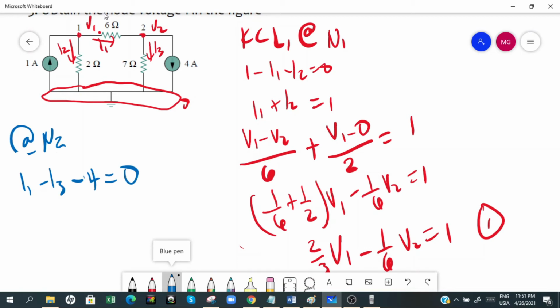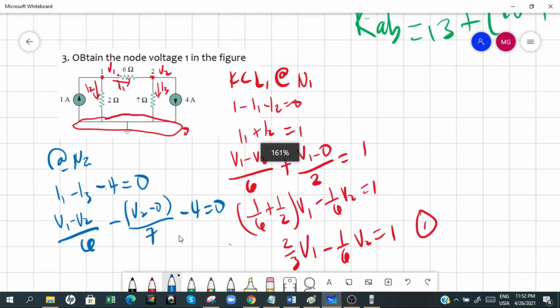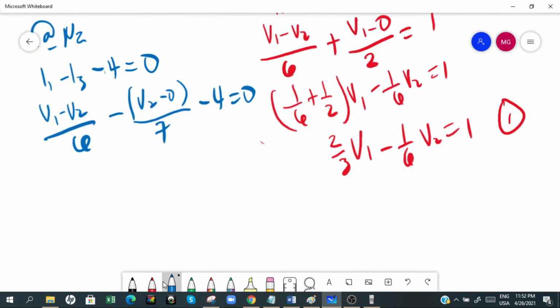Now you have your I1 is from V1 minus V2 over the resistance in between, which is 6, minus I3. I3 is V2 minus 0 divided by 7, minus 4 is equal to 0. Okay, so proceeding with the problem.